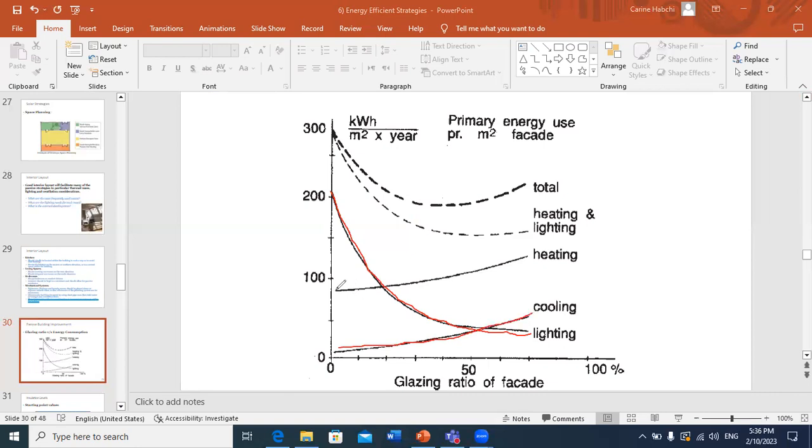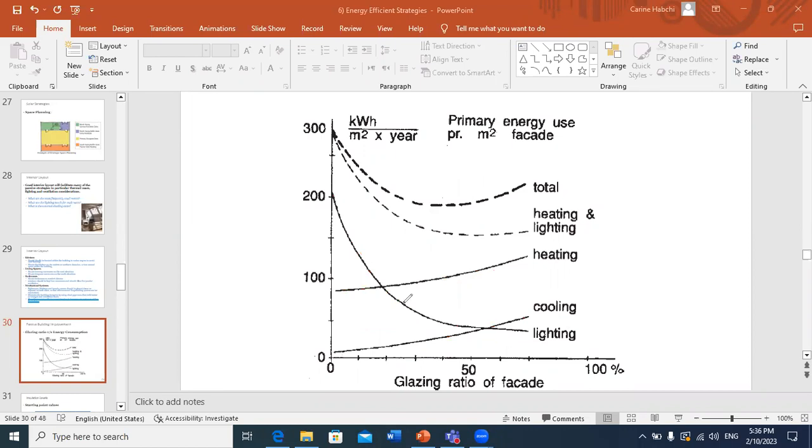And as you can see, the rate of increase is increasing as the ratio increases. For example, when you are lower than 40%, the increase is at a smaller rate. But if you increase the glazing ratio of the facade a lot, you will start to have a high rate of increase in the energy consumption.